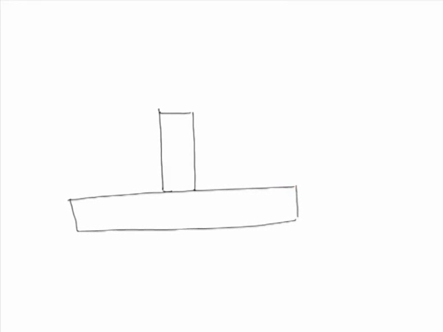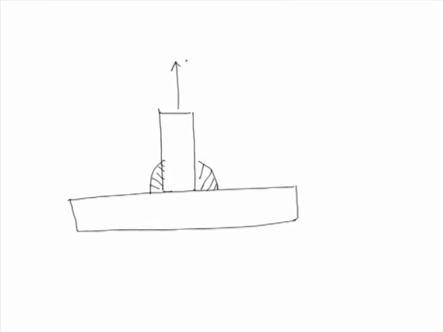Say the connection is to be made between two plates, a T joint, and a weld is being made using fillet welds like this, running through the length of the weld, for the load acting in this manner, with this end fixed.